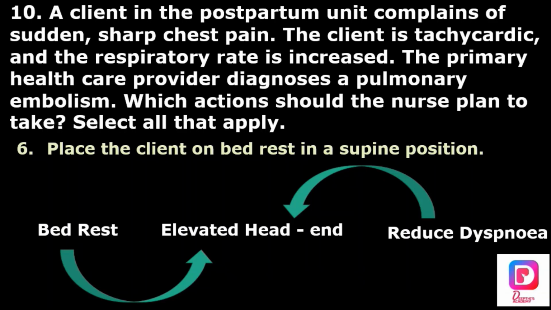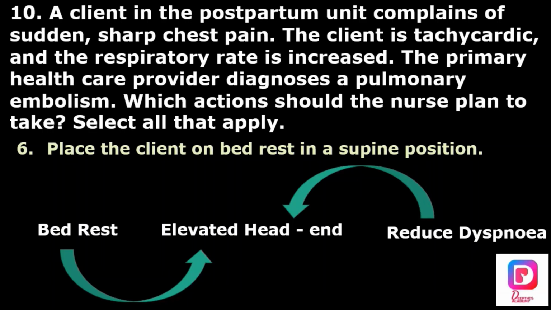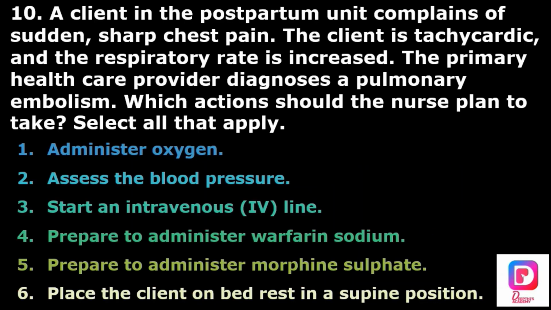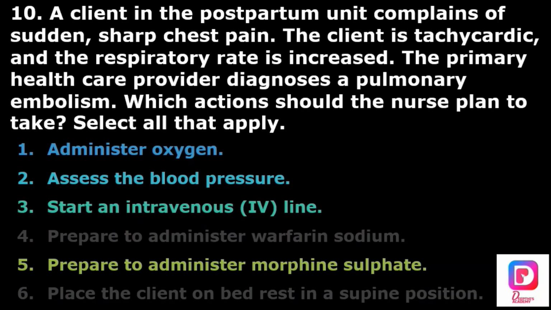The head end should be elevated, which can help to reduce the dyspnea. The last option cannot be selected as the right answer. So the right options that can be taken for the nursing care plan are the following: administer oxygen, assess the blood pressure, start an intravenous line, and prepare to administer morphine sulfate.